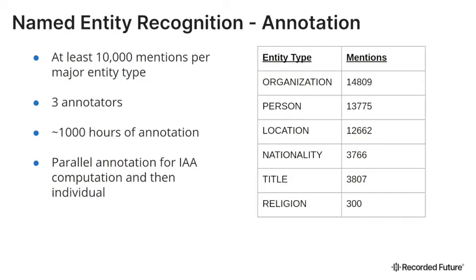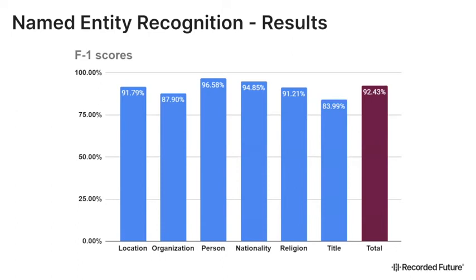Also, computational linguists have been included in the process, and we have always monitored inter-annotator agreement and so forth. And as you can see from our results here, categorized by entity type, they're pretty good. It's even hard for humans to beat this, or human agreement. So we really think you should give it a try.